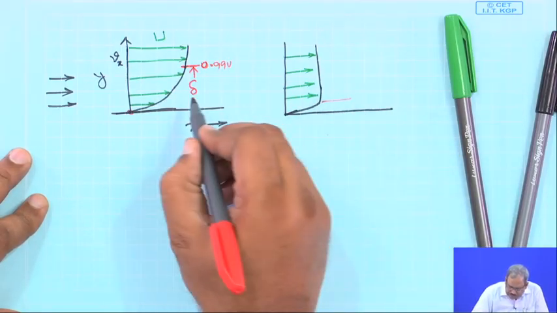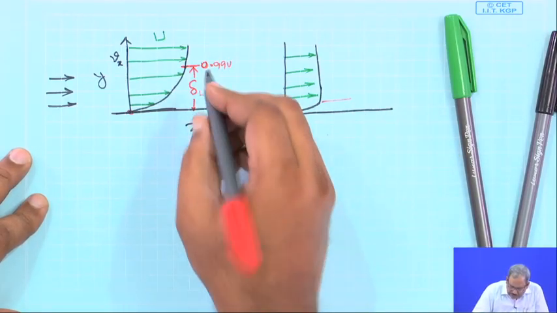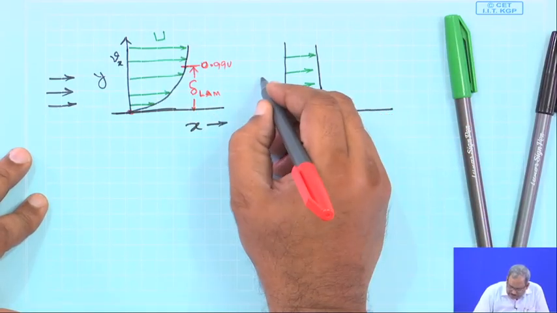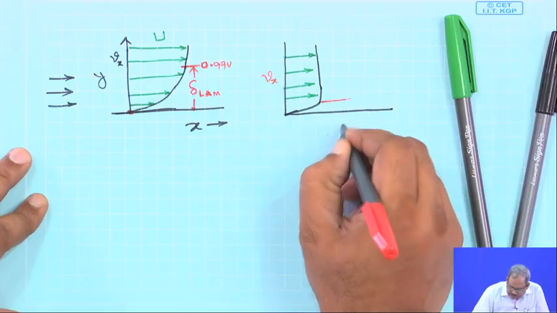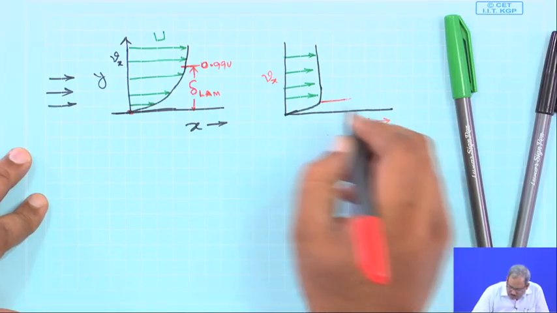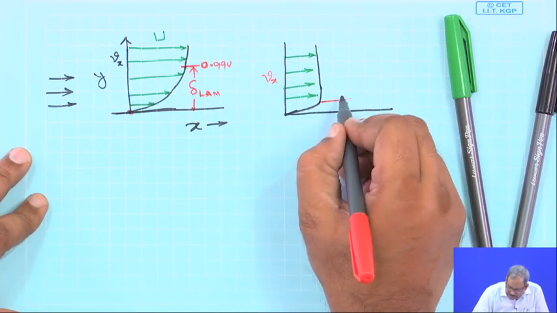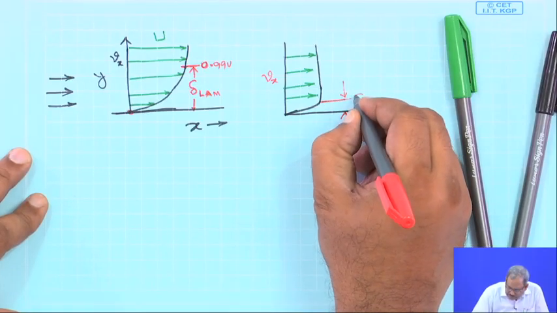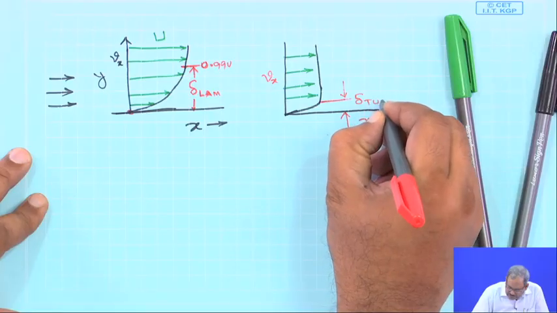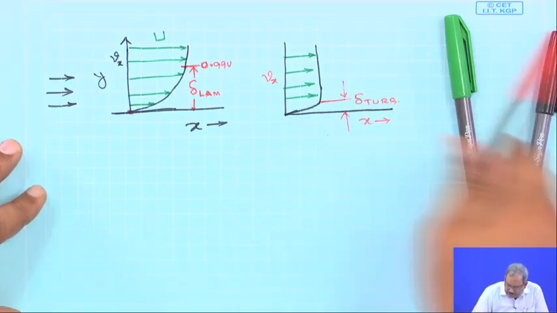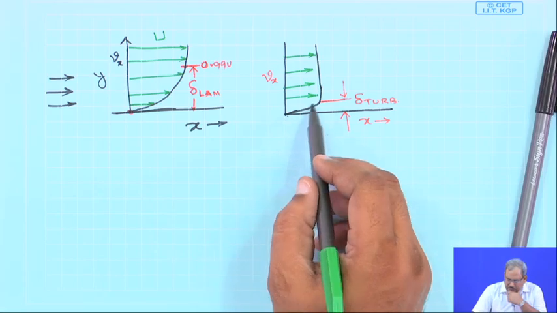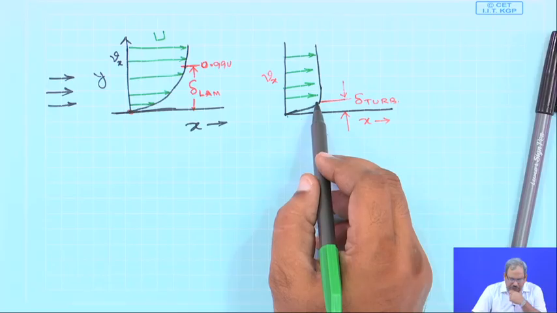This is delta for the case of laminar, but in this case, this is also velocity in the x direction, and I am plotting it with y. In this case, over a very small distance delta, called delta turbulent, the velocity changes from 0 on the surface of the solid, due to the no slip condition, to the velocity of the free stream.